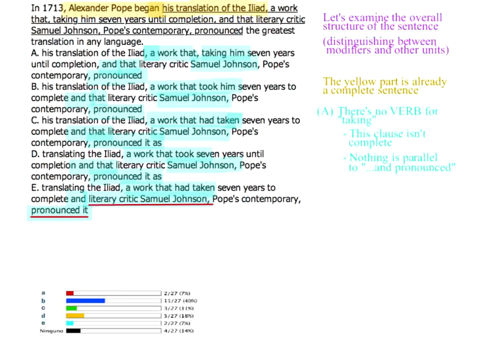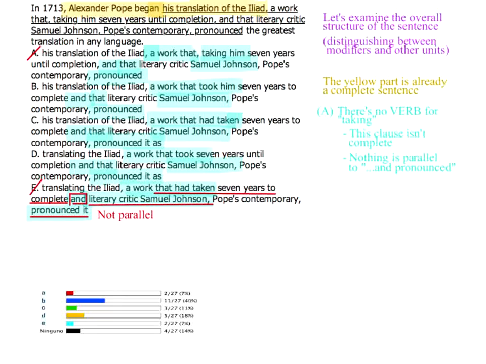Because it's trying to be put in parallel to that had taken 7 years to complete. So you're taking something that is a modifier and trying to put it in parallel with something that is actually a sentence. So this is not a grammatically legitimate type of overall construction, and it's not parallel. So any questions about A or E there, go ahead and type them in the box.